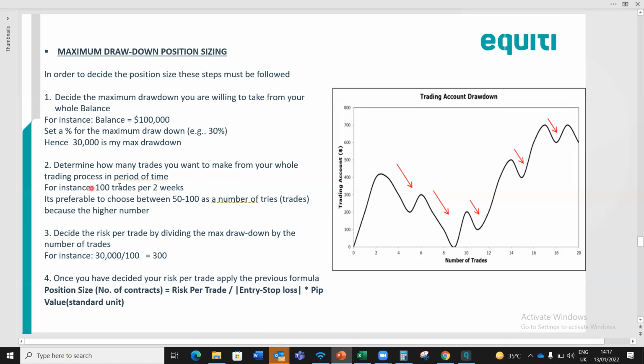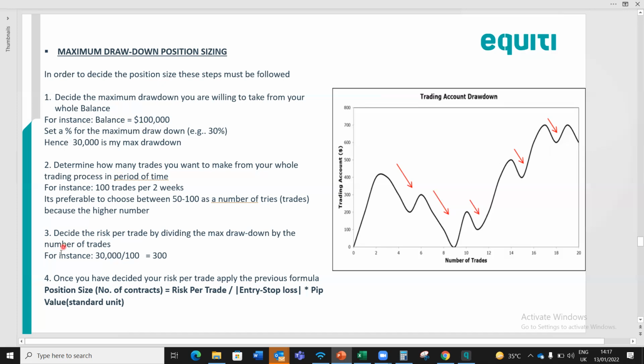For instance, 100 trades per 2 weeks wouldn't be bad. It's preferable to choose between 50 and 100 as the number of trades. Now let's say we are working with 100.